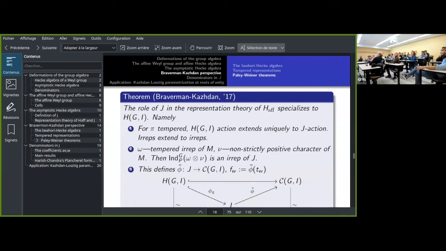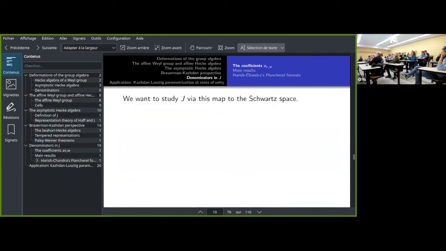In particular, elements of J go to things that are rational in the character. The point is that you're trying to make J into an algebraic version of the Schwartz algebra, and you do this by saying what endomorphisms J acts by and how they depend on the character. So we want to study J via this map to the Schwartz space.